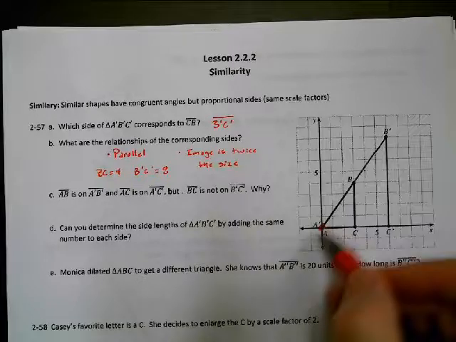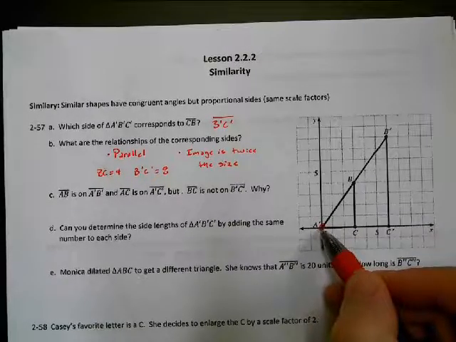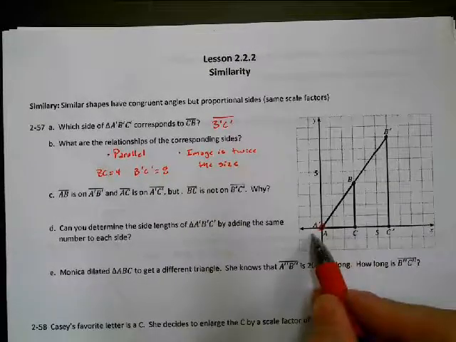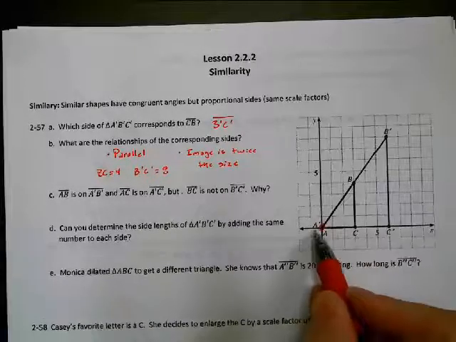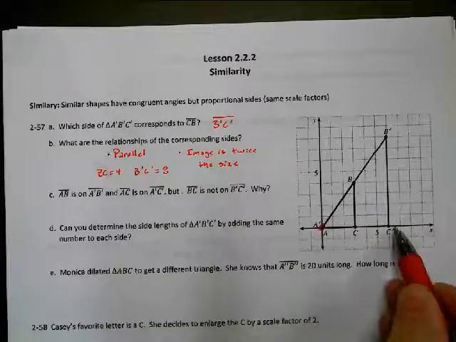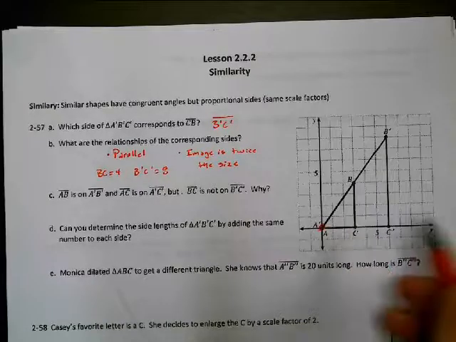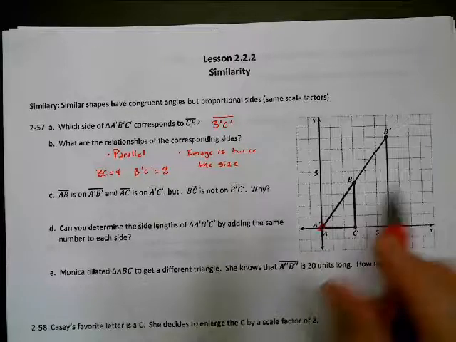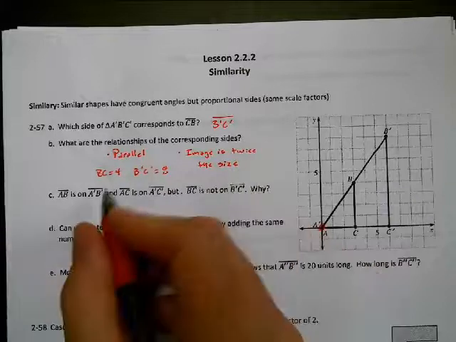AB is on A prime, B prime because it was dilated from A, and AB has A in it. AC has A in it. That's why it's still on A prime, C prime, because we dilate out from that point. However, BC doesn't have A in it, so it doesn't stay on B prime, C prime. So B and C were not part of the point of dilation.